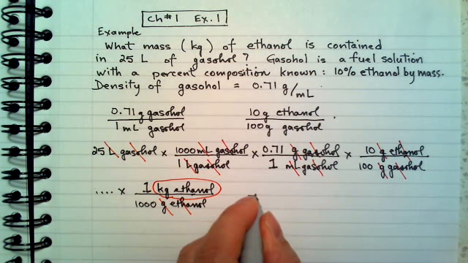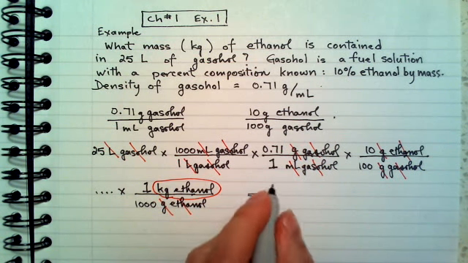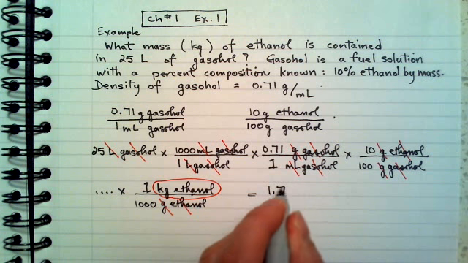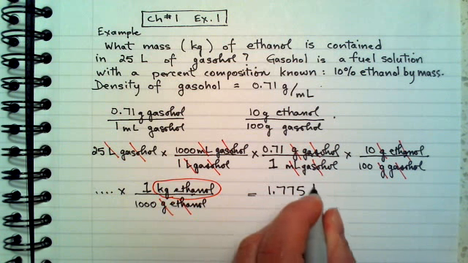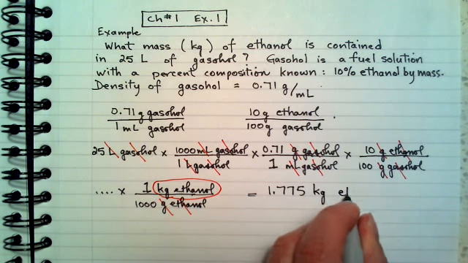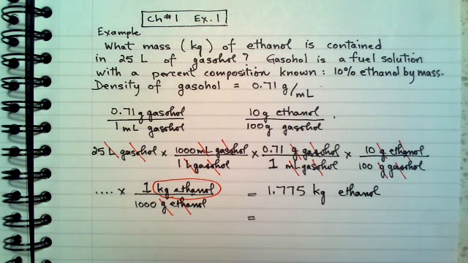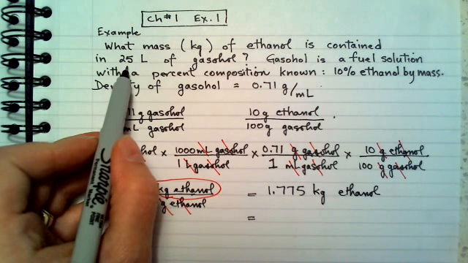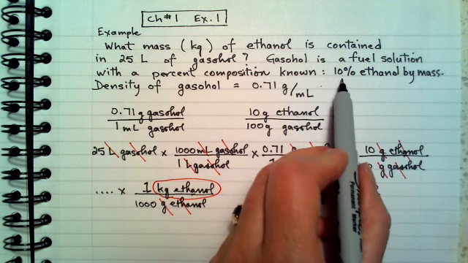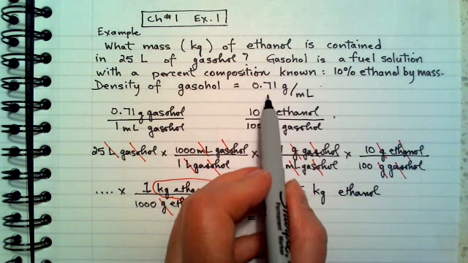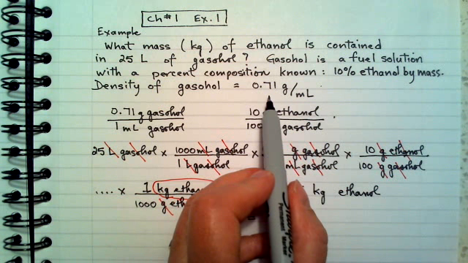Okay, so plug that through the calculator, and the calculator will return a value of 1.775 kilograms of ethanol. That is too precise for the information. I have 2 sig figs in the volume, 1 sig fig in 10, and 2 sig figs here.